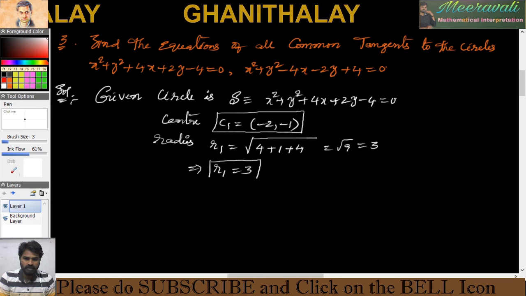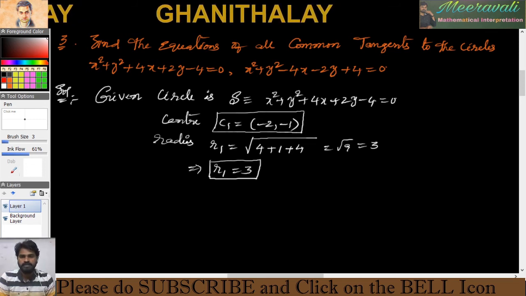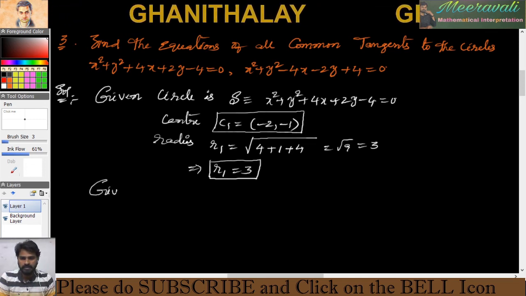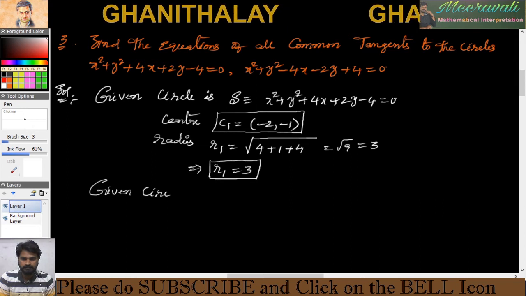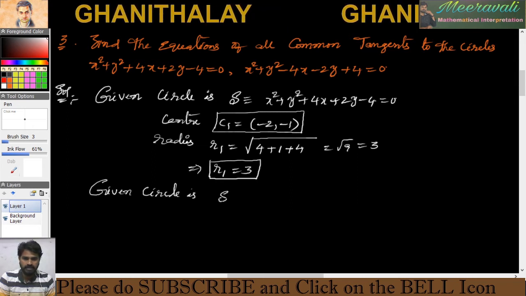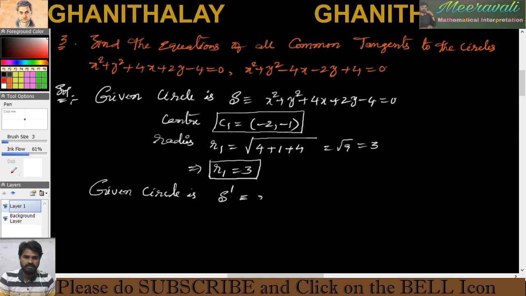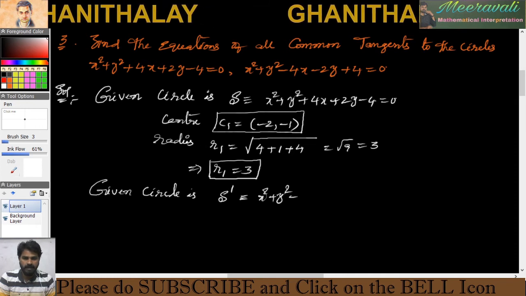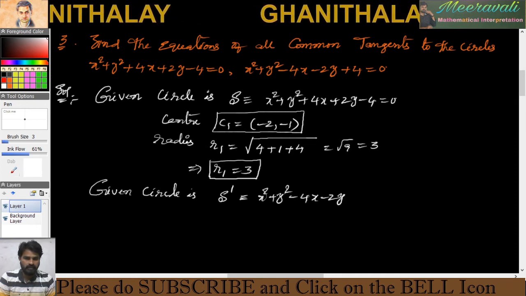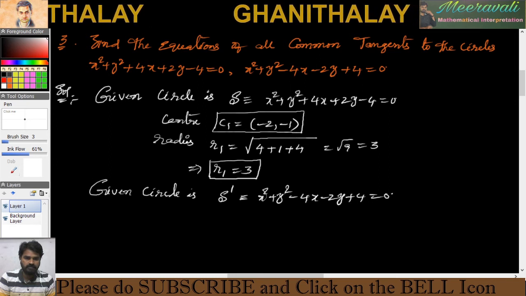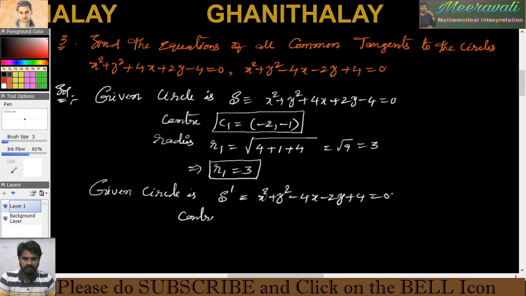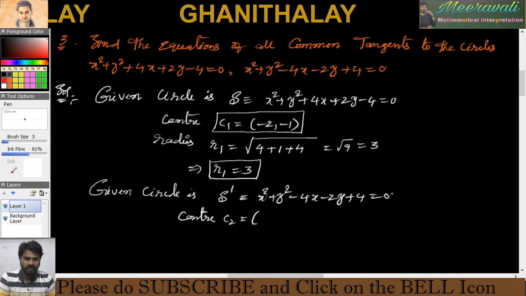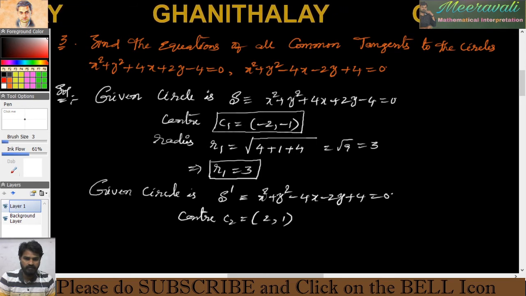In the same concept, you need to find the center and radius of the second circle. Given circle S dash is x square plus y square minus 4x minus 2y plus 4 is equal to 0. So center C2 is equal to half of the negative of x coefficient, half of the negative of y coefficient.